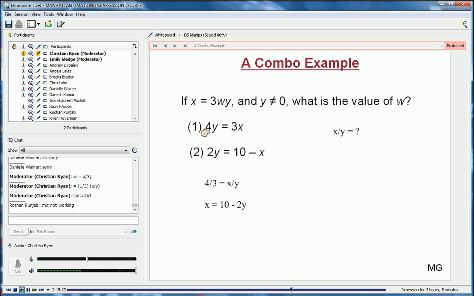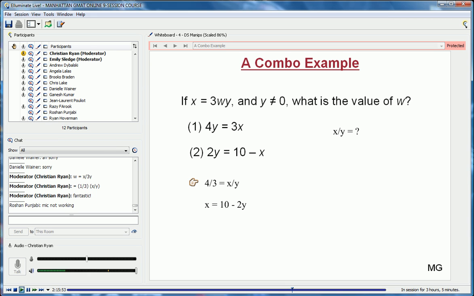Yep, that's right. With this first one, what you can do is divide both sides by y and by 3, and you get to this statement. And I want to point out that you should think that ratios are powerful. Whenever you have a statement that gives you a constant ratio of two variables, you should be biased towards thinking that is sufficient, even if you can't totally prove it.